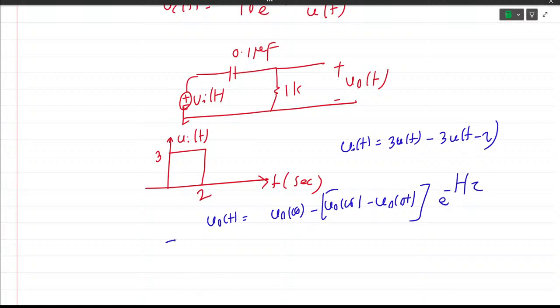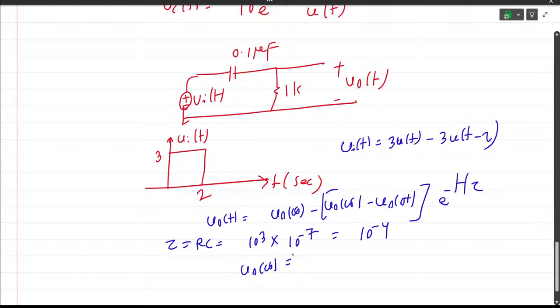Here tau is RC, R is equal to 10 to the power 3 and C is equal to 10 to the power minus 7, which gives 10 to the power minus 4. For v0(infinity), I am assuming first 3 u(t), that means 3 volt.